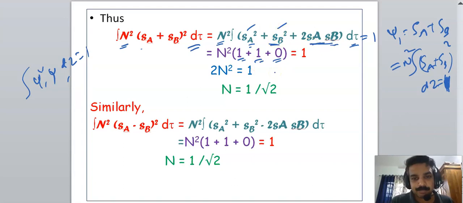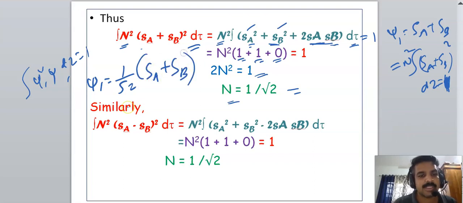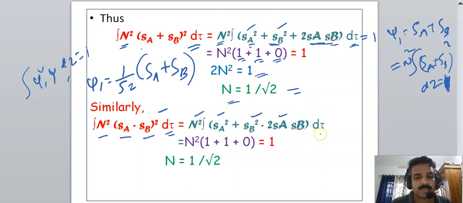So we get 2 N square is equal to 1, that is N is equal to 1 by root 2. So we can write psi1 is equal to 1 by root 2 into SA plus SB. Next, similarly, for psi2, N square into integral of SA minus SB square d tau, that is N square into SA square plus SB square minus 2 SA SB d tau, is equal to 1.